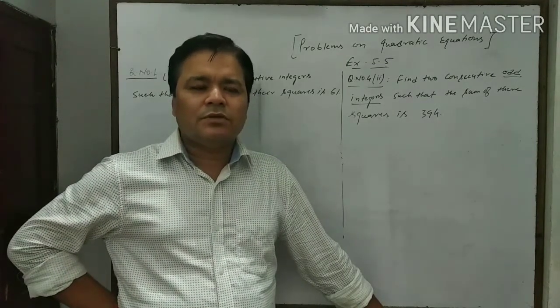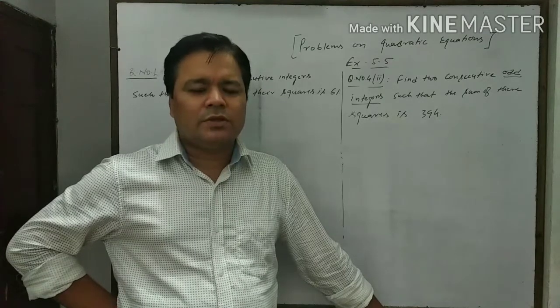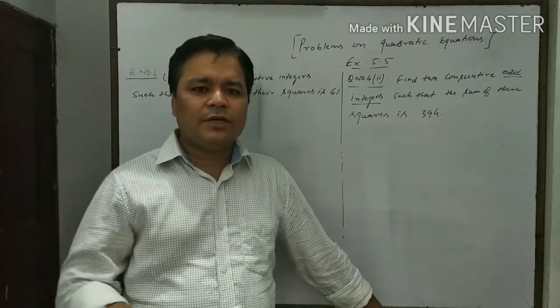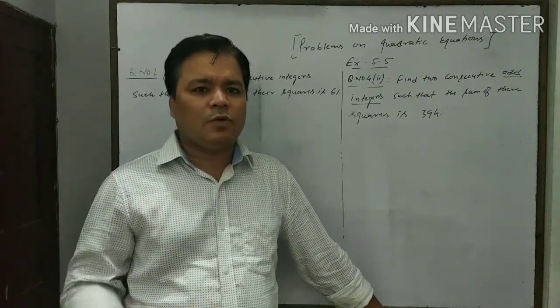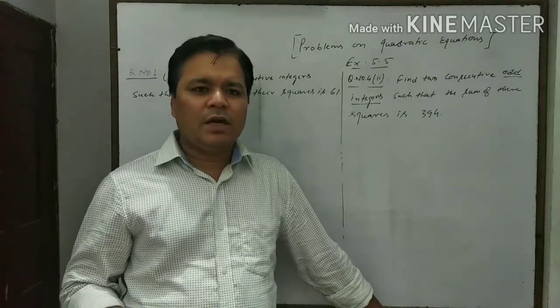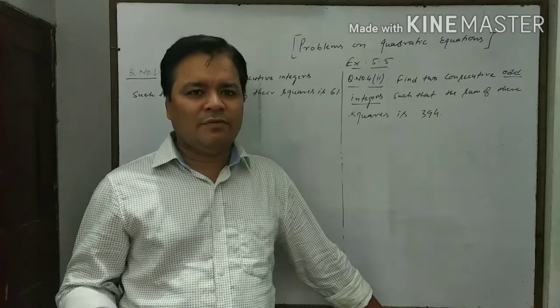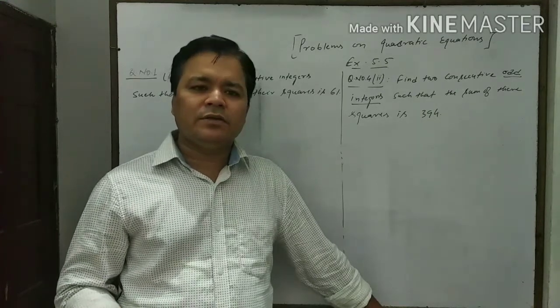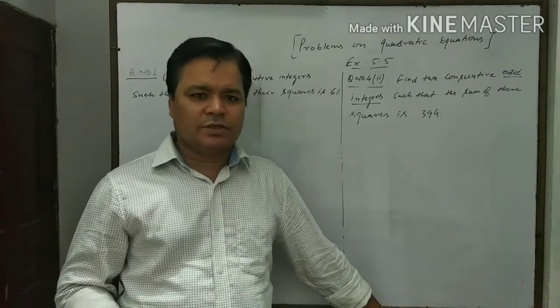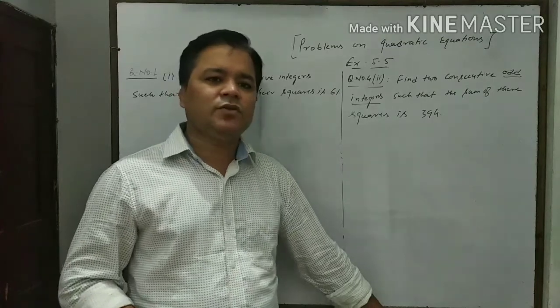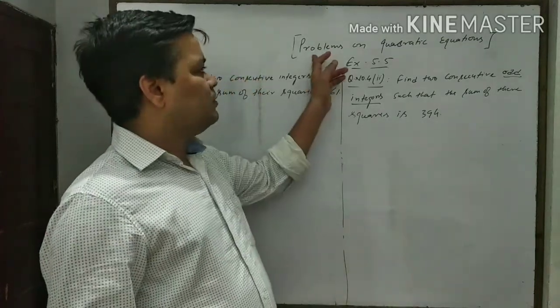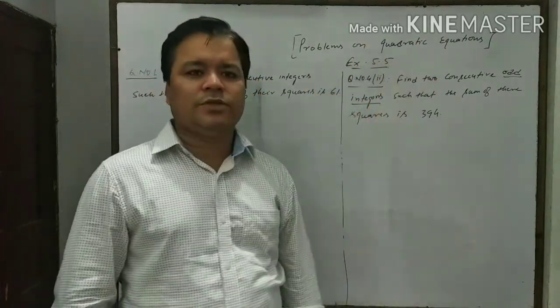For solving that type of quadratic equation, first of all, we read the given word problem properly and change that word problem into algebraic form and then solve that equation. In this way, we can solve the problems on quadratic equations.